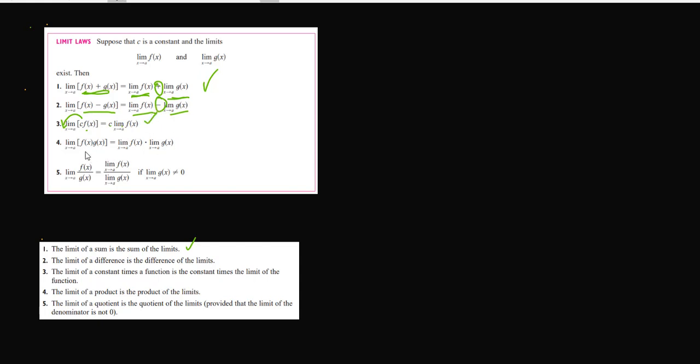And this one says the limit of a product is the product of the limits. And this one says the limit of a quotient is the quotient of the limits, as long as the bottom limit is not equal to 0, provided the denominator is not equal to 0. Okay, so we can express them like that.